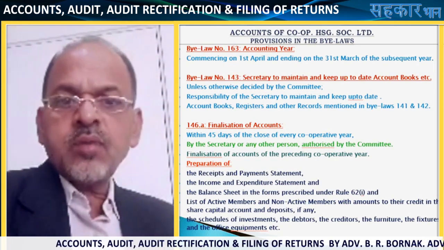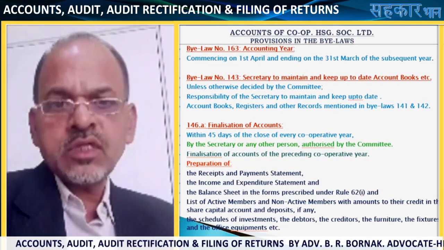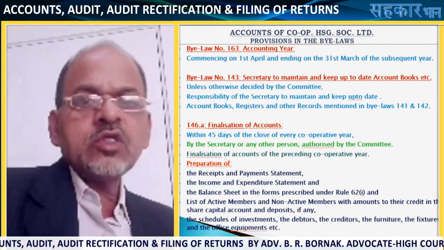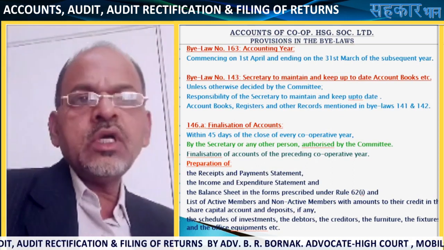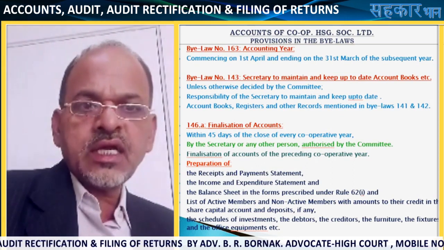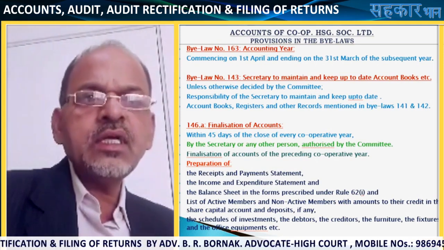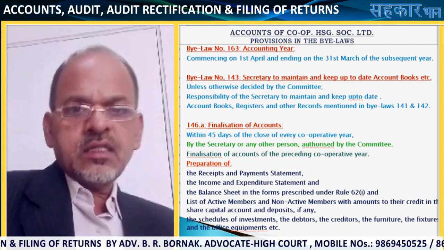In bylaw number 141, there is a list of the registers, books of accounts, etc. And in bylaw number 142, there is a list of files, forms, etc., files to be kept separately, and which forms are required to be maintained at society level.